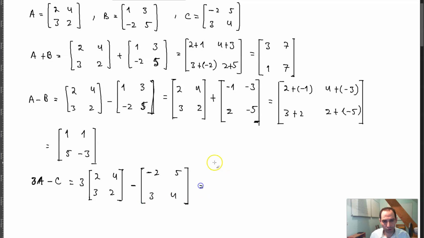Multiplying, you'll get 3 times 2 is equal to 6, 3 times 4 is equal to 12, 3 times 3 is equal to 9, and 6.